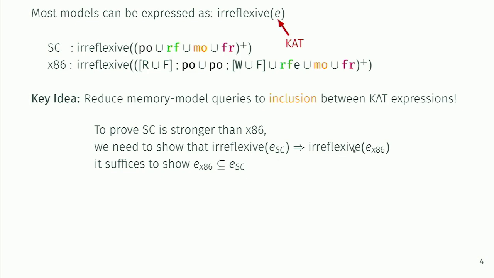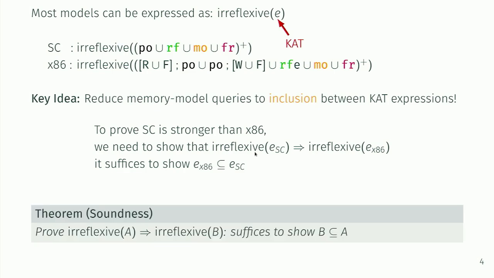I need to show that E_x86 is irreflexive. Proof by contradiction. Suppose that there is a cycle in E_x86, but now because of this inclusion, this is also a cycle in E_SC, which breaks my assumption. And more generally, this is our soundness theorem. If I want to prove that irreflexive A implies irreflexive B, it's sufficient to show that B is included in A.